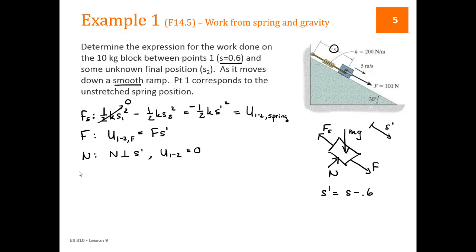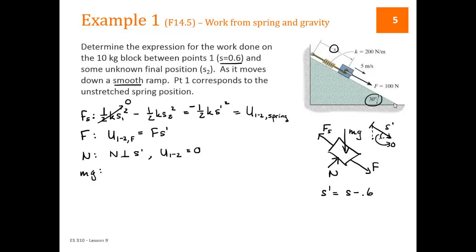So the last one then, mg, the work due to mg is the work due to the weight. So what we want to know, the mg is not in the same direction as S prime. mg is the vertical direction it would move, right? So if this is S prime, we'll have a triangle here. This is going to be 30 degrees, right?